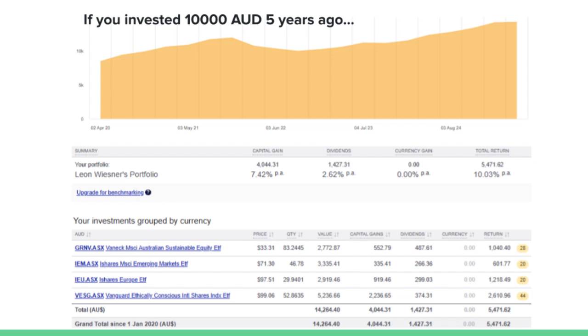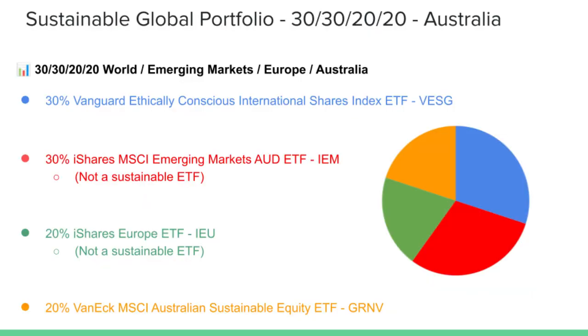So if we look at the past growth, we have about 10.03% per annum, so 5,471 you would have earned over this time, and it's maybe slightly less, but you have a very safe haven for your investments because the IEU ETF from Europe has so many companies in it. I think over 500 or 1,000 or so, which gives you a very well diversified portfolio.